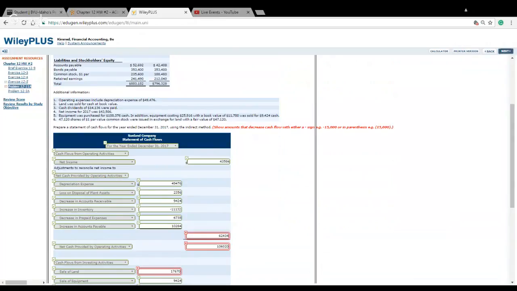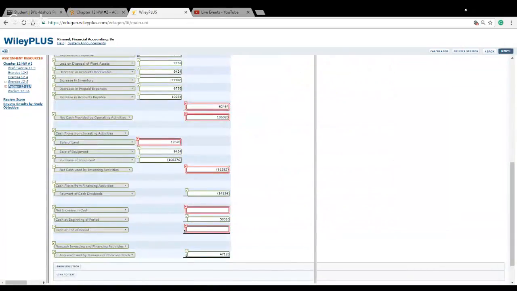This adds up to that. And then I added it with the 43,586, which would have given me 110,732. And that's what your net cash provided by operating activities would be, if you had the numbers correctly: 110,732.